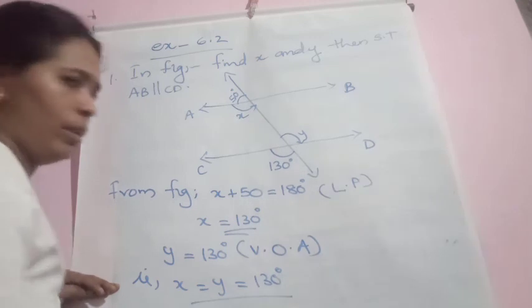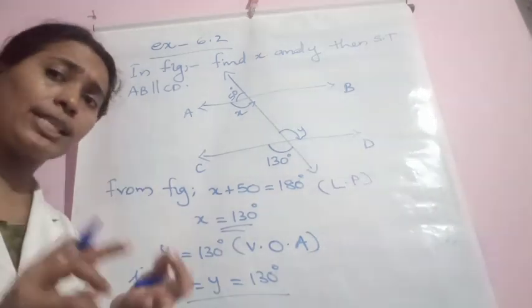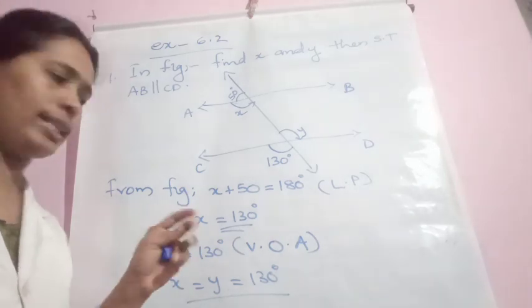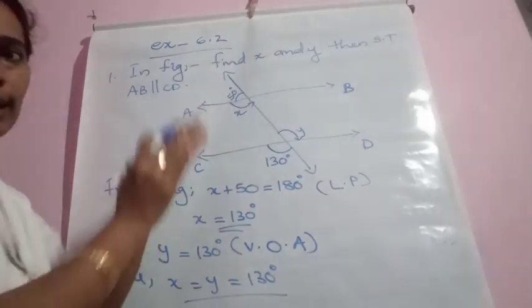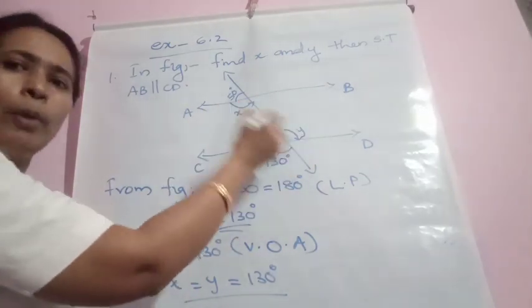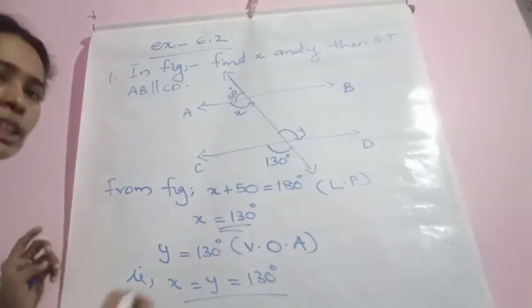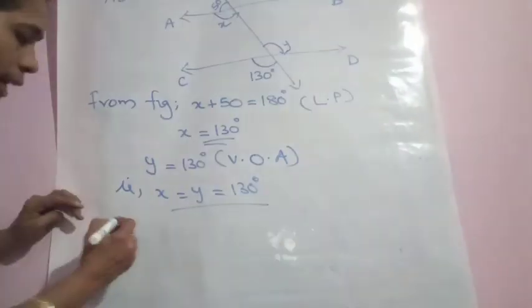We got it now. But look at this, the teacher told you which three types of angles: corresponding, alternate and co-interior angles. Look here, x and y are in between the lines and on alternate positions. So they are which type of angles? Alternate angles. So what can we write in conclusion?